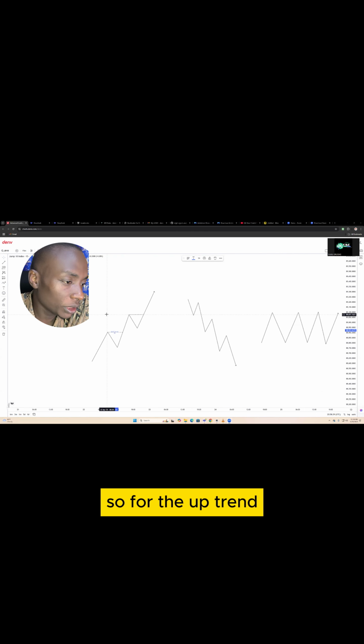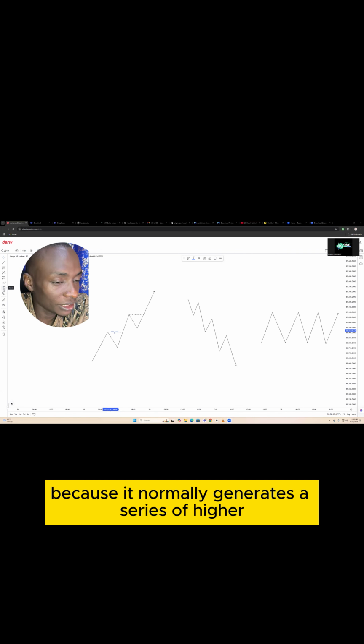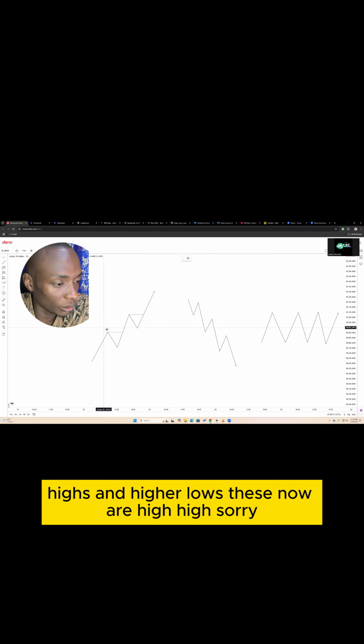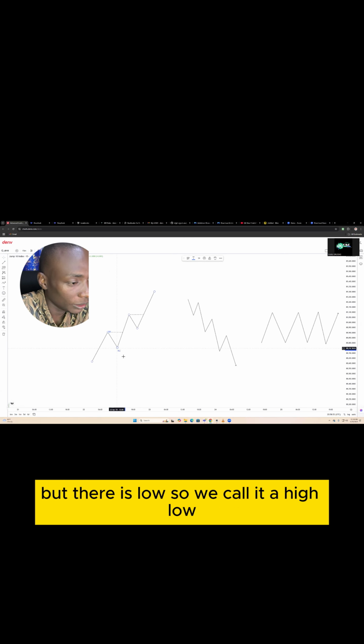For the uptrend, we are able to tell that this is an uptrend because it normally generates a series of higher highs and higher lows. This is a high. Sorry, let's use caps. High. This is a high, and this is a high, but there is a low, so we call it a higher low.